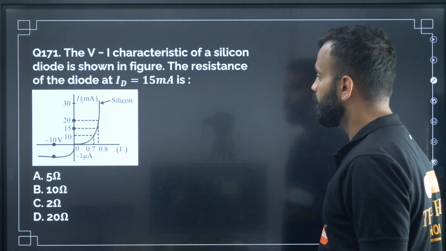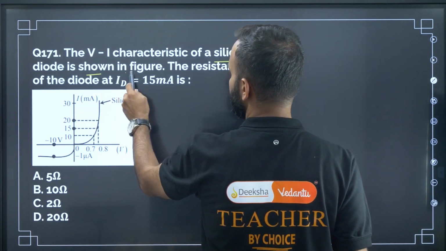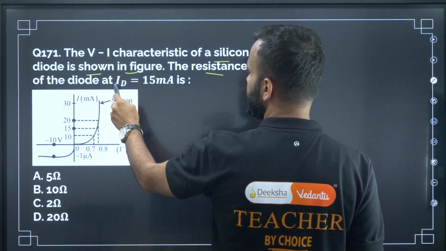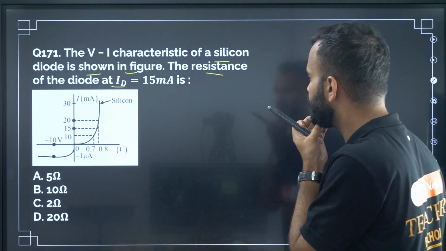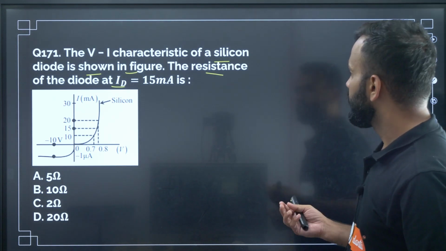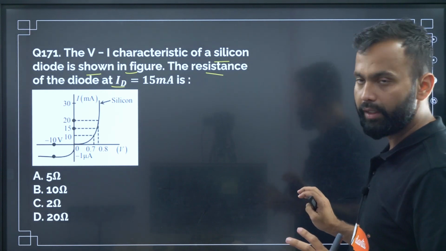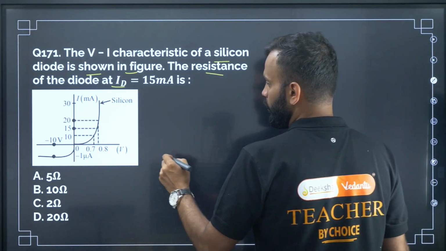Next question. Question number 171. The VI characteristic of a silicon diode is shown in figure. Find the resistance of the diode at ID equal to 15 milliampere, right?